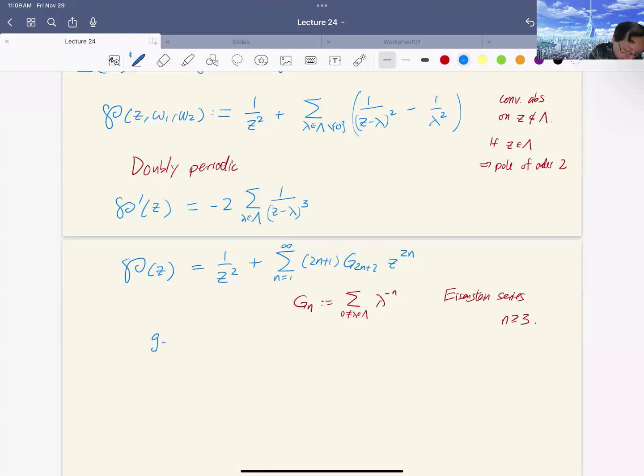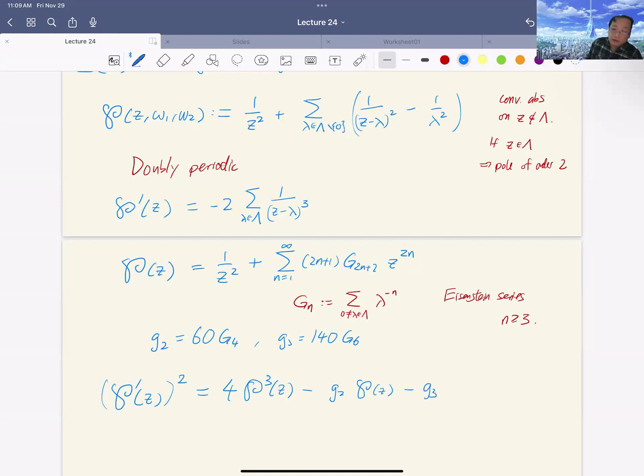And then we define g2 to be 60 times G4, and g3 to be 140 times G6. Then we will get an ODE: p prime squared equals 4 p cubed minus g2 p minus g3.